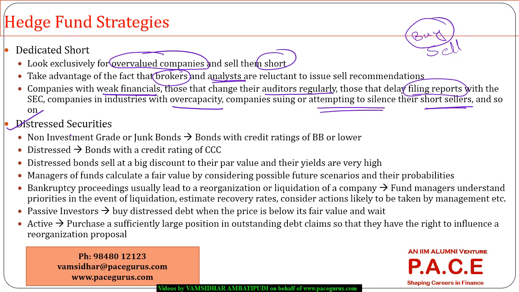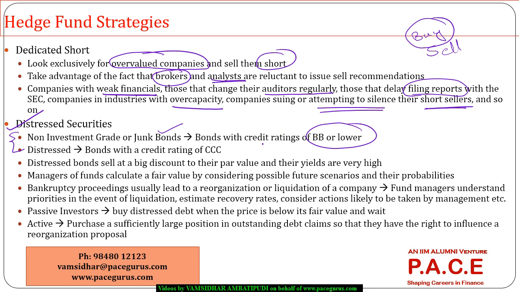Then there is the distressed securities investment strategy. We have to understand the difference between a non-investment grade or junk bond versus a distressed security. A non-investment grade or junk bond is one issued by companies with a credit rating of double B and lower.